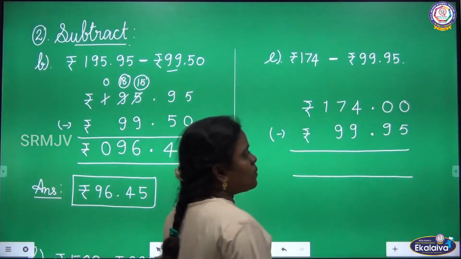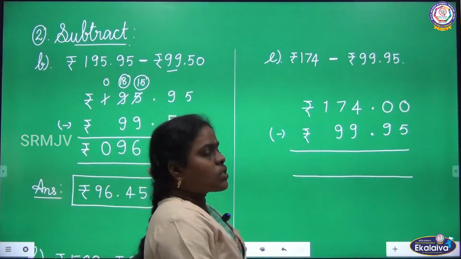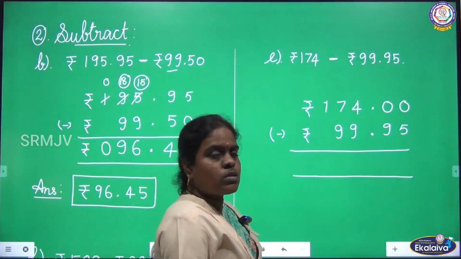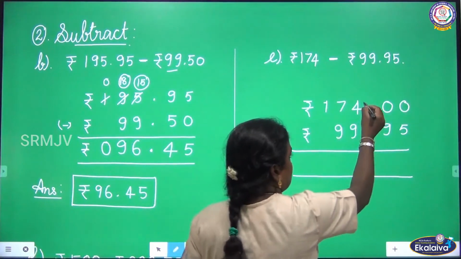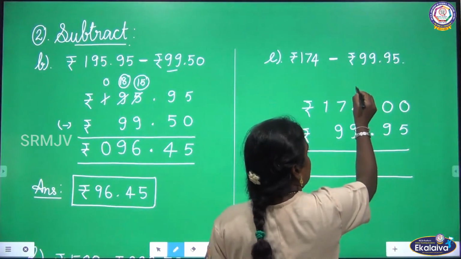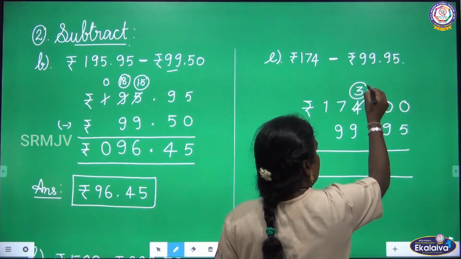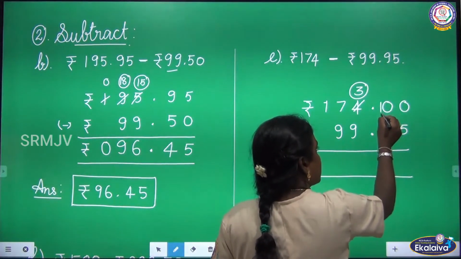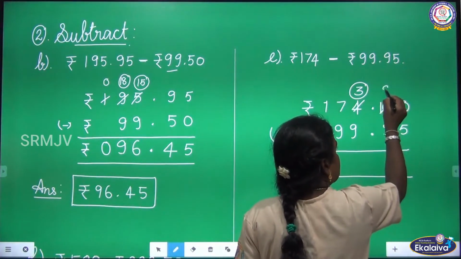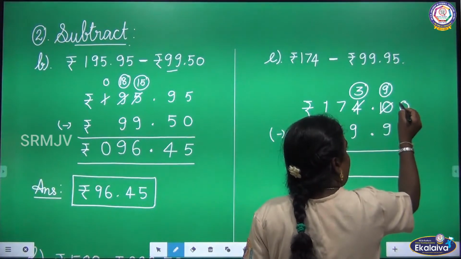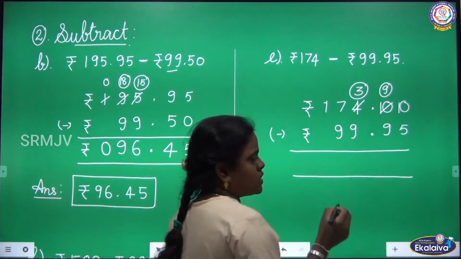Here listen, in the paise column we have zeros. So we are going to borrow from the rupees column. The 4 becomes 3 and the first 0 becomes 10, and if you borrow 1 it becomes 9 and the 0 becomes 10.